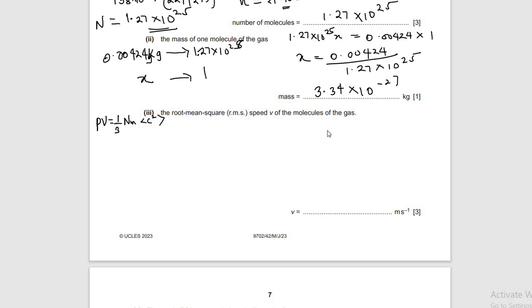The Nm in that equation is the mass of the gas. I explain this better in one of my topical videos, which will be posted soon. What we are looking for is the mean square speed.